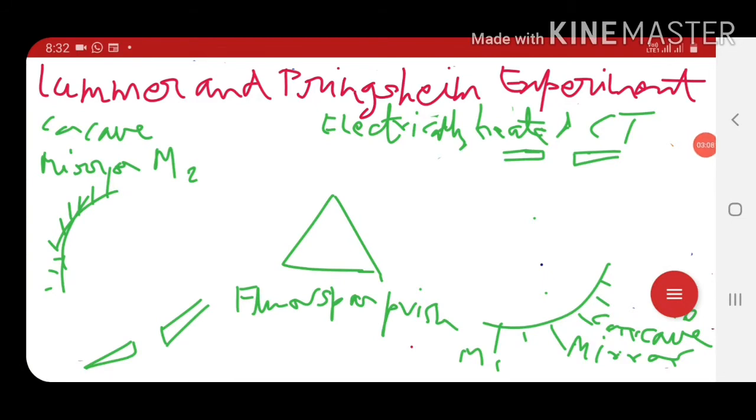Lummer and Pringsheim in 1899 studied experimentally the distribution of energy amongst different wavelengths of the black body spectrum, and the arrangement of their experiment is shown in this figure. The black body radiations were obtained by heating a carbon tube electrically.